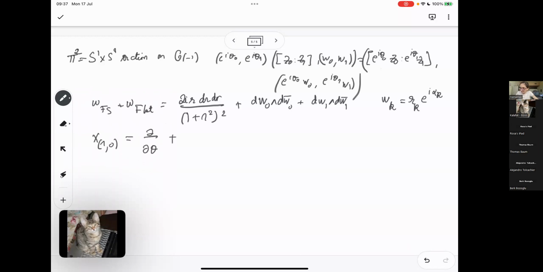It only acts on the first component, so it's also the same as before: d/dα0. And there is the second, the one that comes from varying just θ1. The interesting thing here is that there's a minus d/dθ, because e^{iθ1} acts on this component, and this component is in the denominator. So there's a minus that comes when I change the coordinates, and then plus d/dα1.